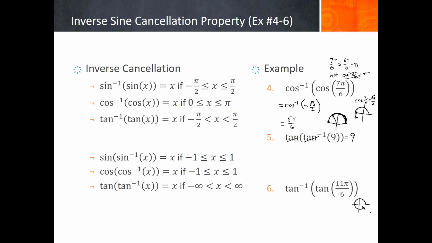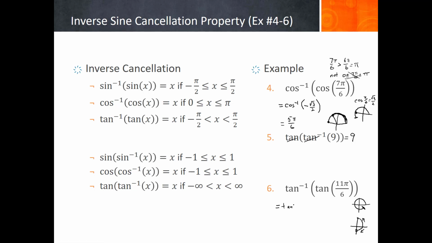Okay, it's a pi over 6 angle in the fourth quadrant. Remember when we talked about inverse tangent, our inverse tangent has to be in the fourth quadrant or the first quadrant. But it has to rotate negative. It has to rotate in the clockwise direction into the fourth quadrant, which 11 pi over 6 is not. Okay, so to figure this out, we need to actually go through and do the computations.